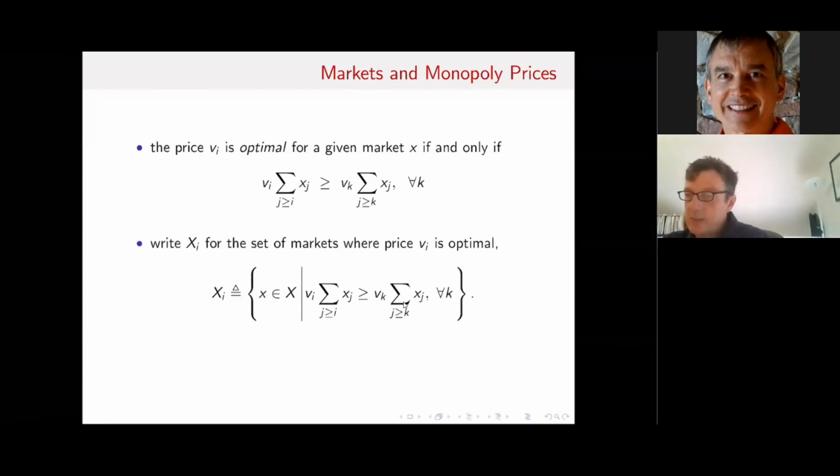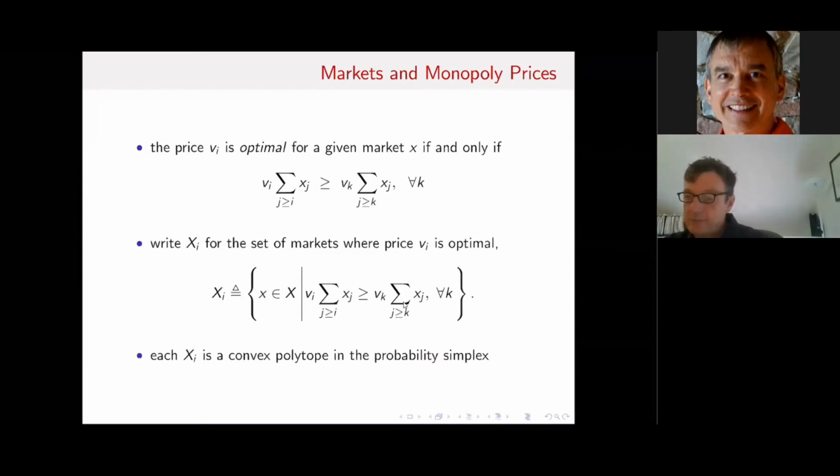And with this, we can then say, what is the set of markets, what are the probability distributions, where charging the price VI is optimal, that is, where this gives us a higher revenue than any other price that we could charge. Okay. Good.